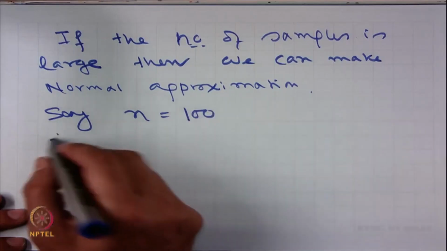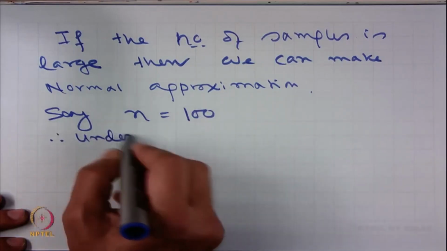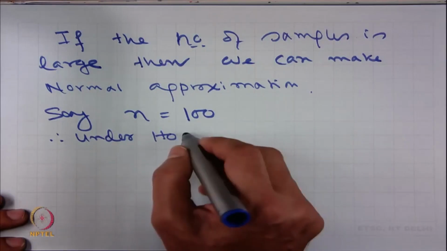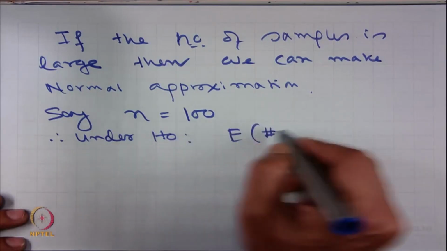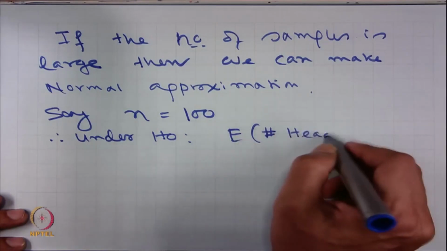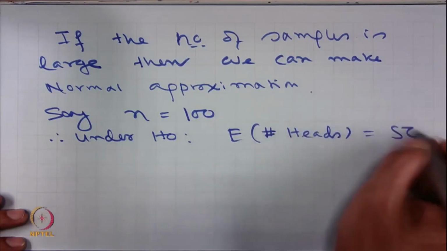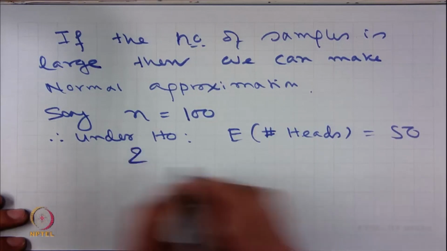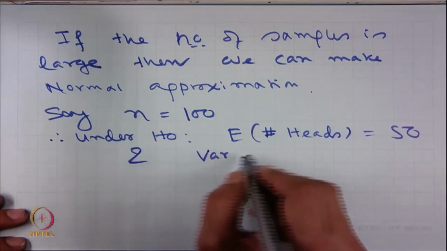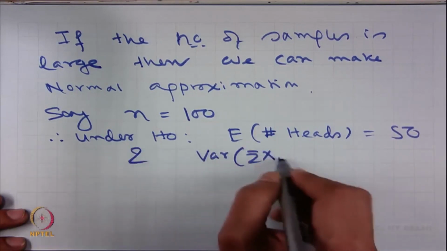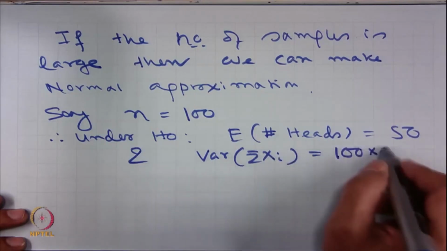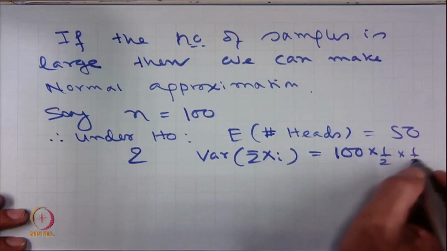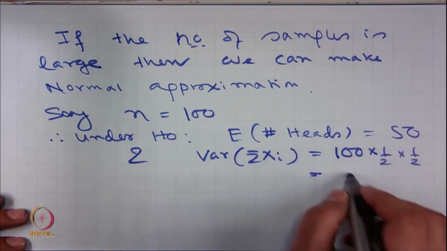Therefore, under H naught, the expected number of heads is equal to 50 and the variance of sigma xi is equal to 100 into half into half, which is 25.